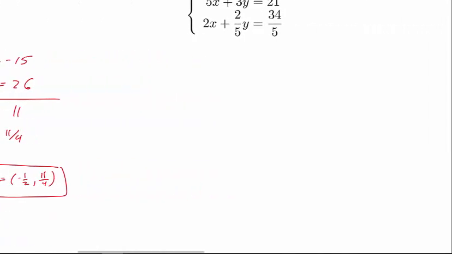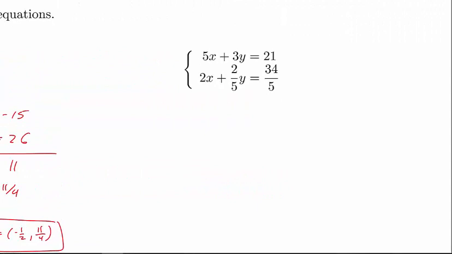Okay. Moving on. Next system of equations, we have this one here. And we're going to have to multiply both equations this time. We're going to multiply the top equation, equation 1, by negative 2, and we're going to multiply the second equation by 5.